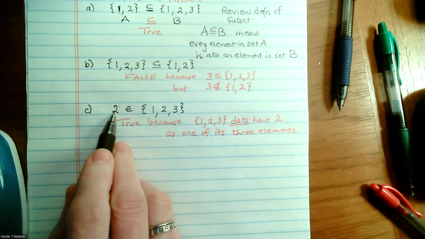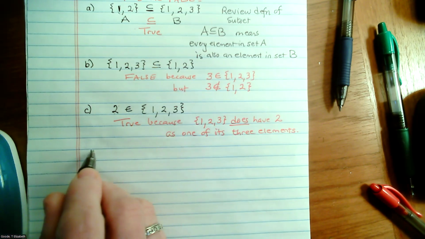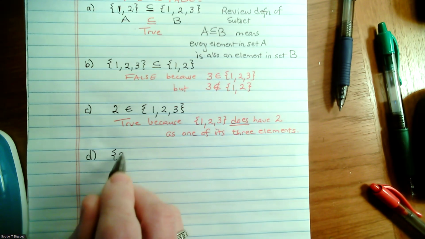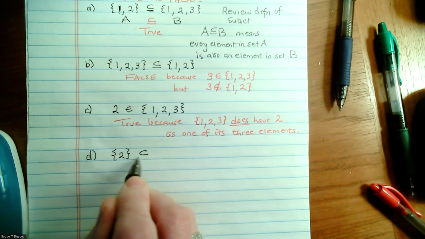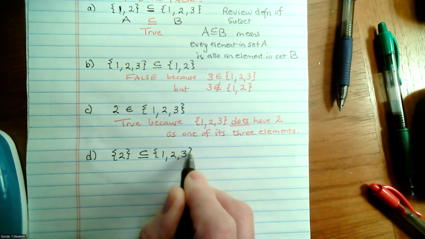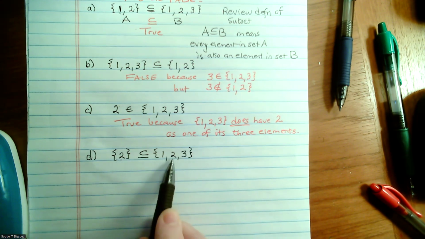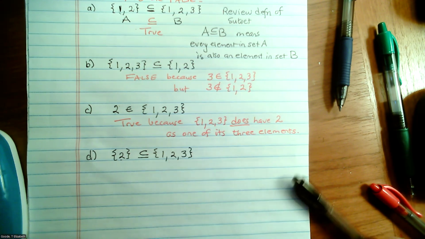And because 2 is an element of this set, then we can say the set containing 2 is a subset of the set containing 1, 2, and 3, because 2, sitting here, is also in the set on the right.